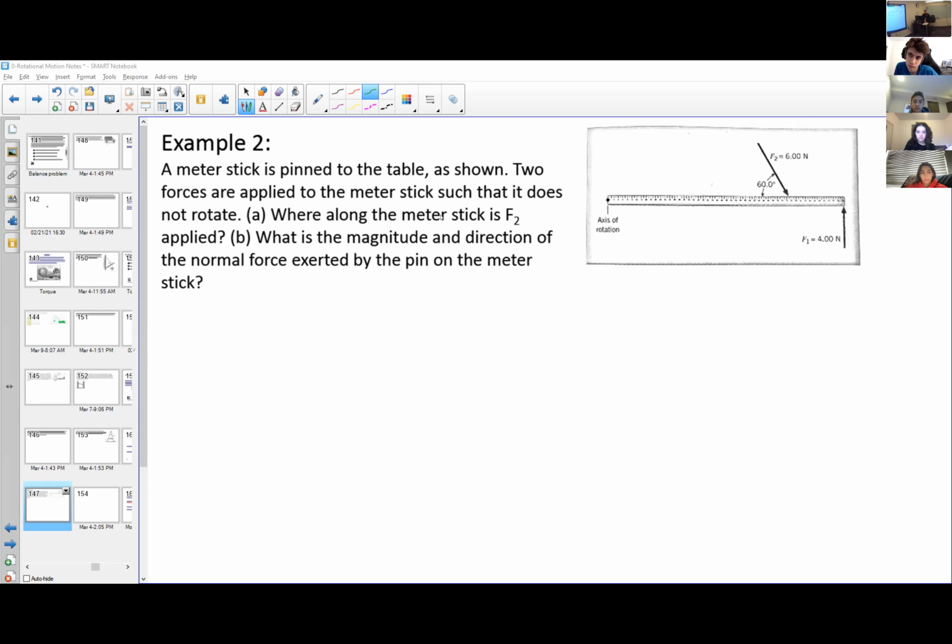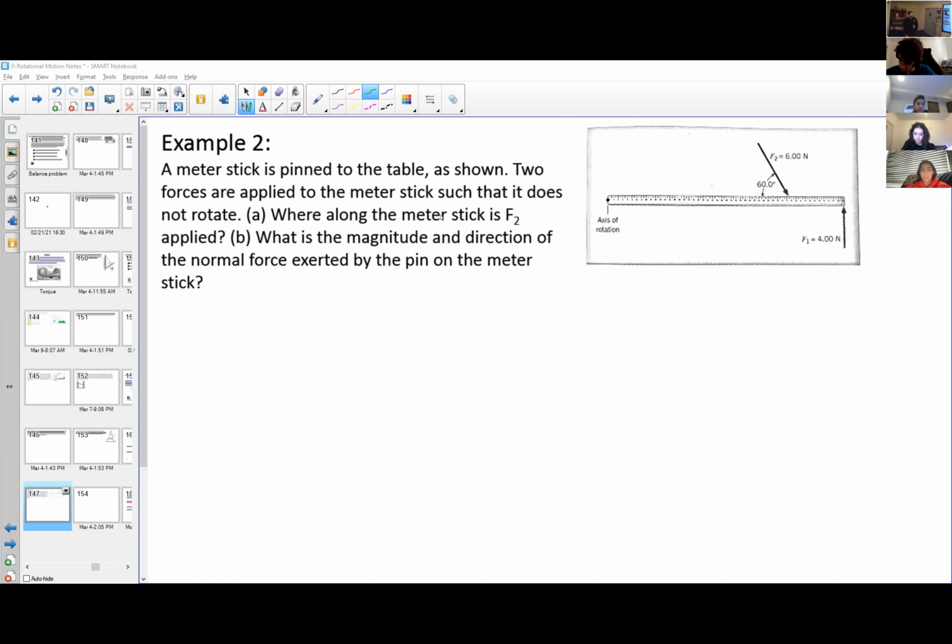Okay. Yeah, sounds like you were exactly on the right track. So what made you pursue torque? What about the question helped you know to think about torque? And it sounds like you put them equal to each other. Hold on, let me read the question again really quick. It's in place, right?